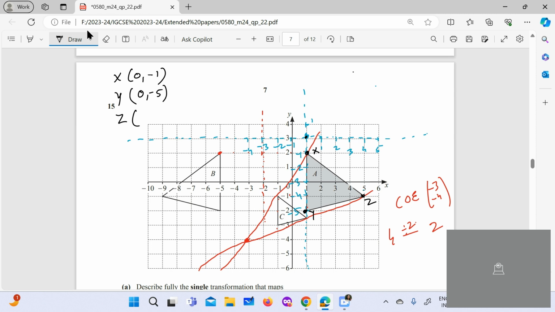According to this one, it is 4 and minus 4. So I will write 4 and minus 4.